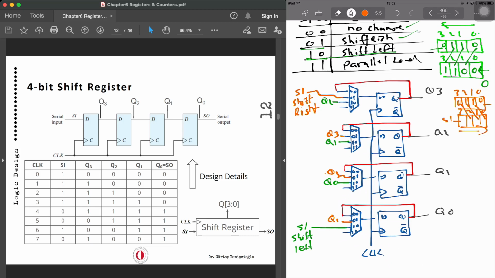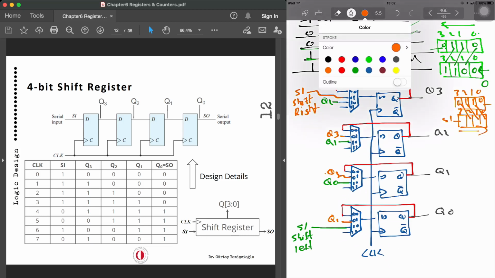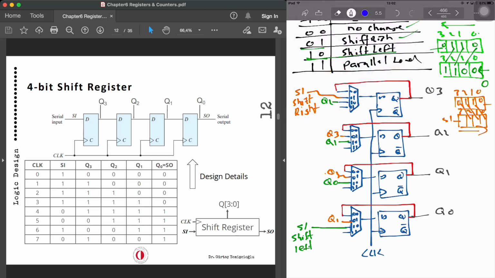Now, when it says parallel load, like we have done in the previous example, we just need to load parallel data. So D3, D2, D1, D0.